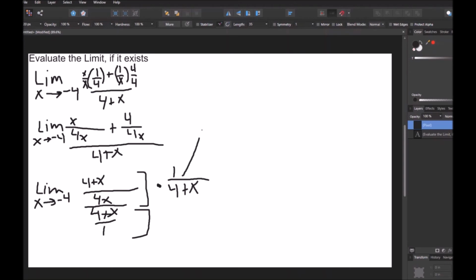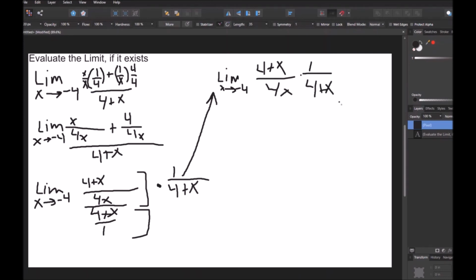So I can carry this over here and say the limit as x approaches negative 4 of 4 plus x over 4x times 1 over 4 plus x.